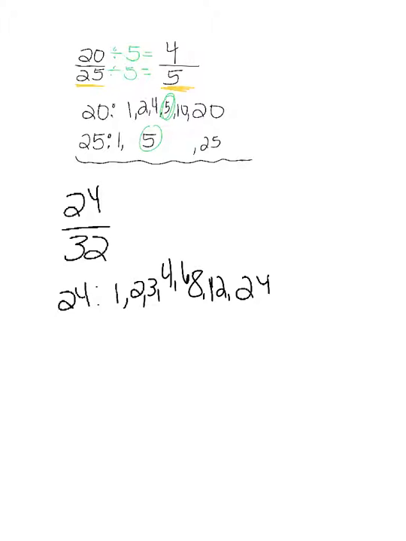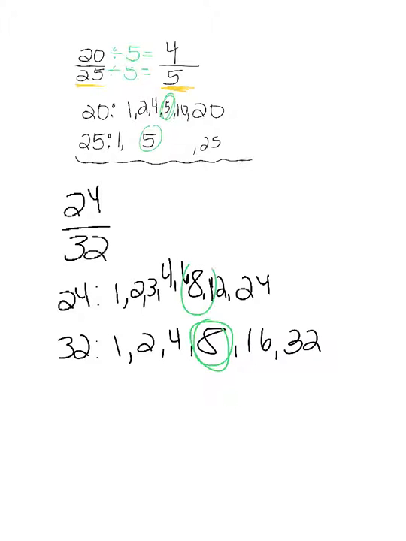All right, now let's look at 32. We have 1 times 32. We have 2 times 16. And we have 4 times 8. And these are all the factors of 32. Okay? So our next step is to find that GCF, and I look and I can see that the GCF of 24 and 32 is 8.